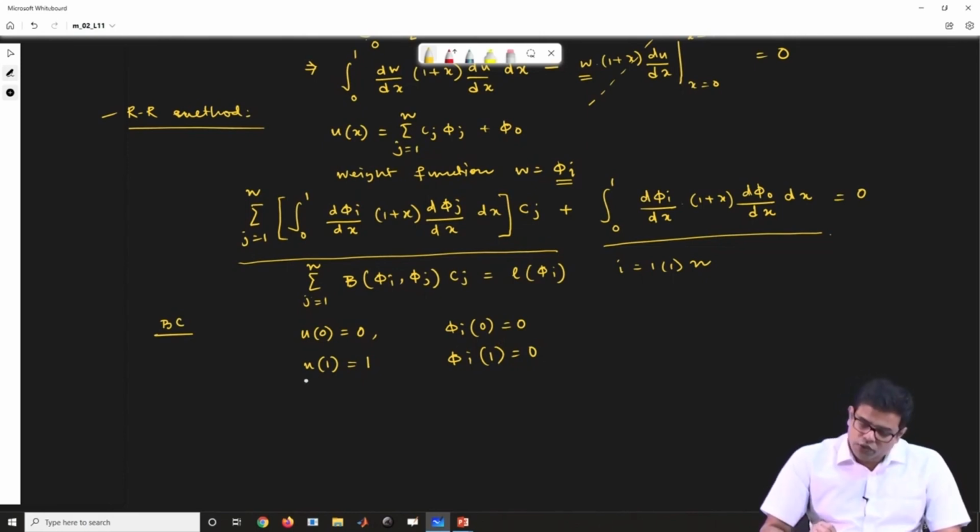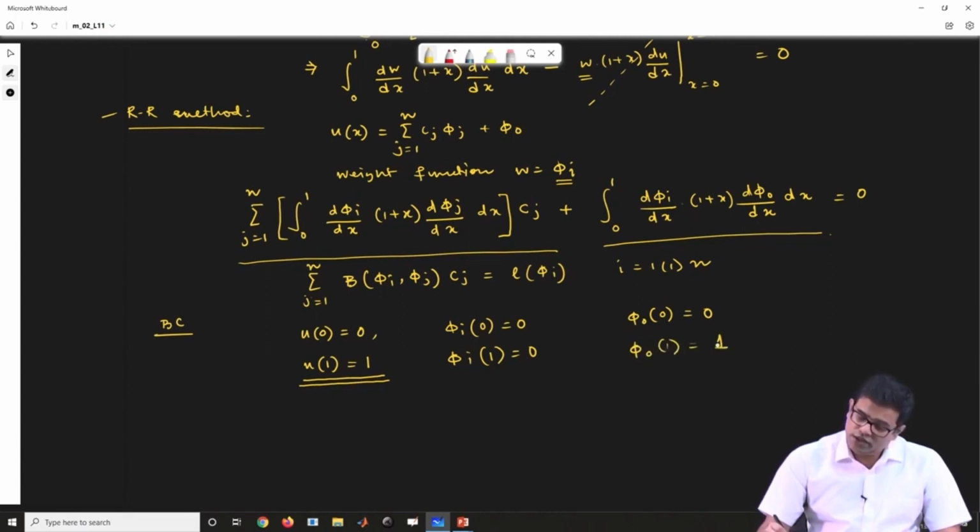And also you see that there is a non-homogeneous boundary condition. So naturally I have to choose φ0. So φ0(0) has to be 0 and φ0(1) has to be 1.